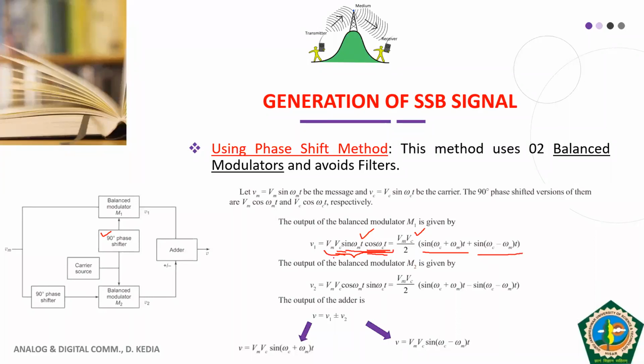So the output of balance modulator 1 gives us this expression.